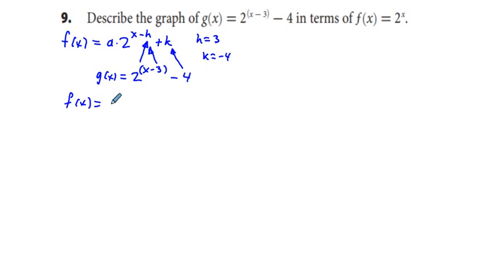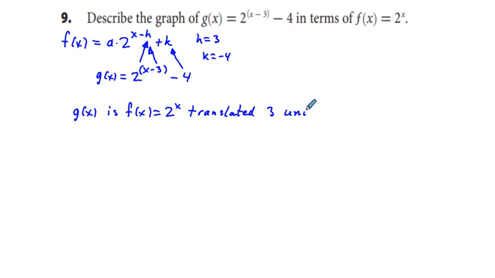Let me start out calling it g of x. g of x is f of x equals 2 to the power of x translated three units to the right and 4 units down.